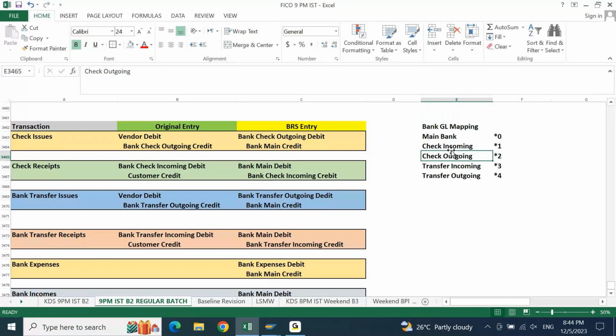Because the number of transactions is more when both are sitting in the same GL account. To identify a particular check payment, you end up searching through the transfer payments also. So to have a clear segregation, this is how you will create. In any project, this is the standard, recommended approach that you have to follow.